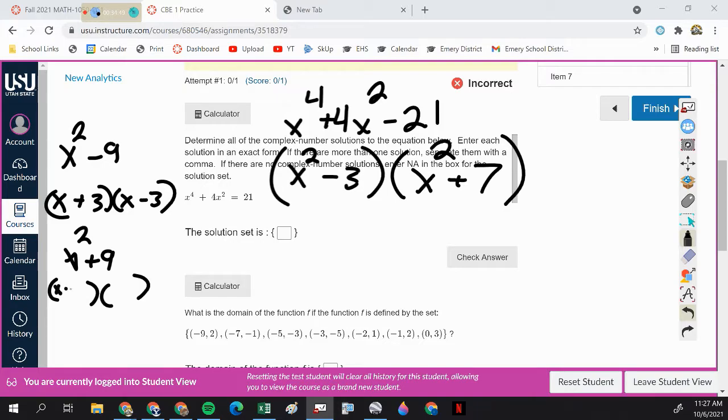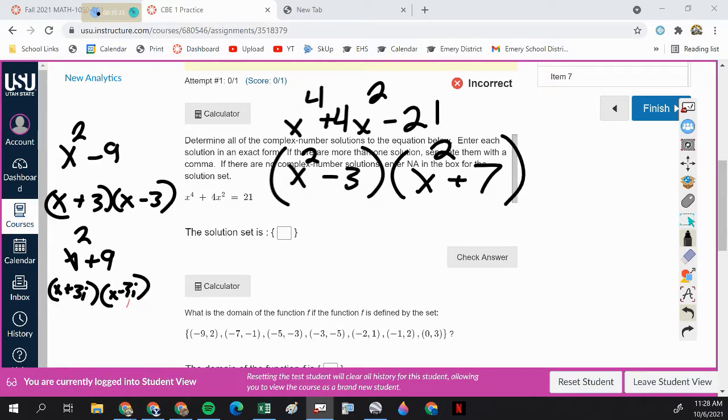x plus 3i and x minus 3i. Right? There's no way to use real numbers and multiply to get a 9 and add to be 0. So if you use imaginary numbers, it works because that is negative 9i squared, but i squared is negative 1, and that changes the minus to a plus.